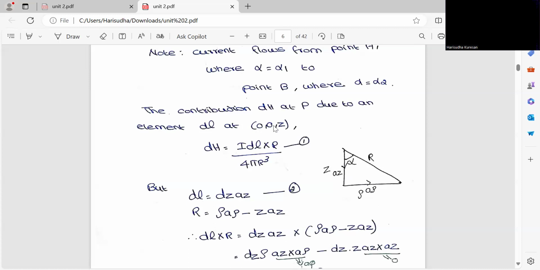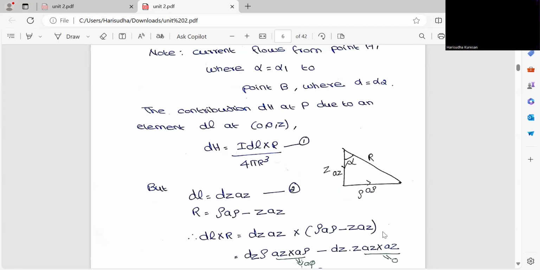Now we have this equation. In this equation, in the place of dl cross r, you can replace dz az. What is dl? Already we have said dz az. What is r? We have defined over here: rho a rho minus z az. So in this equation 1, in place of dl cross r, I'm going to replace the value of dl as dz az, and the value of r as rho a rho unit vector minus z az unit vector.